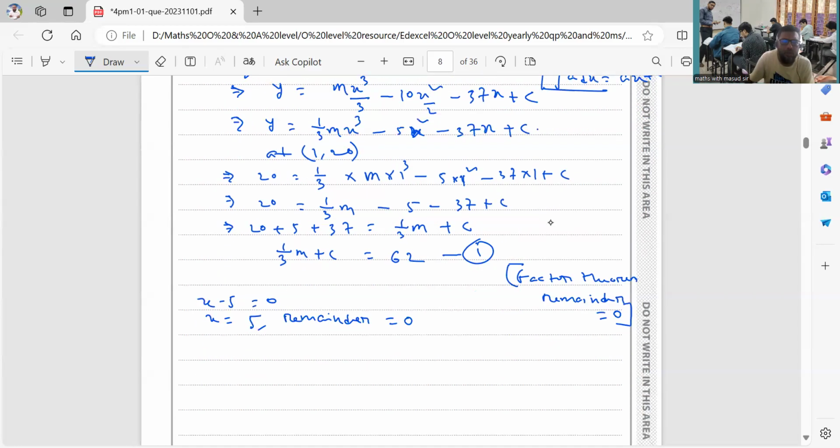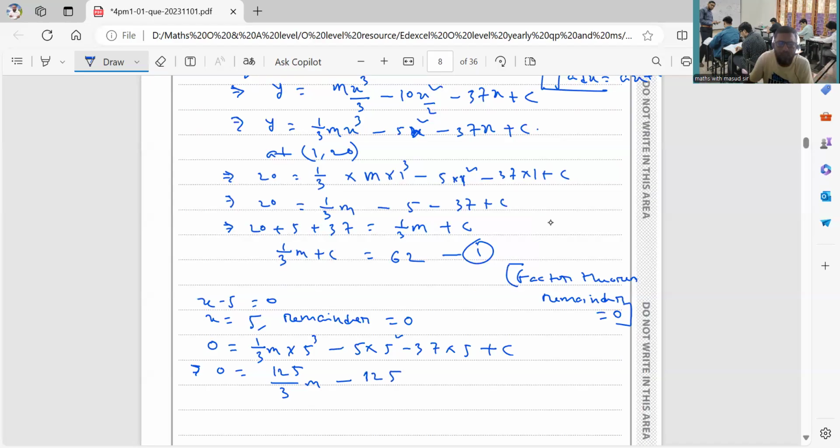Okay, now, so y equals 0, 1 by 3 into m into 5 cube minus 5 into 5 squared minus 37 into 5 and plus c. And 0 equals, 5 cube is 125, so 125 by 3m, minus 5 squared, 25 into 5, 125.